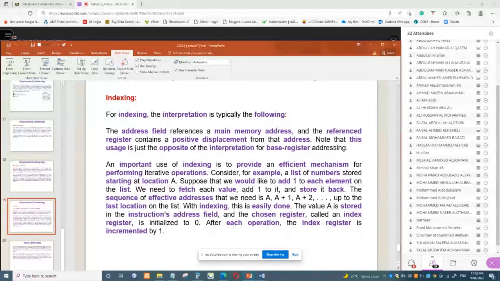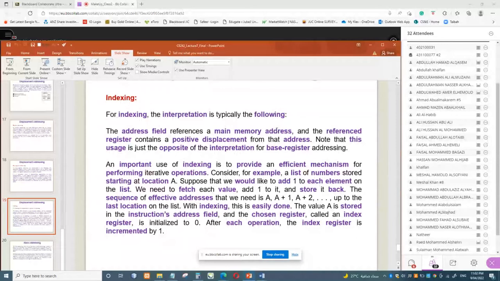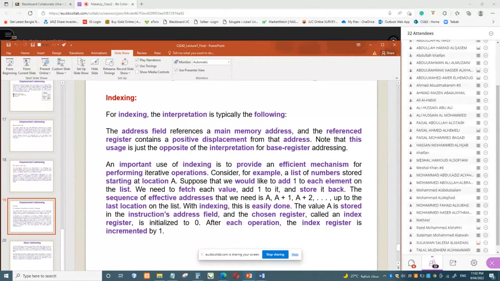So the instruction directly contains the starting address of your memory location, but the displacement is not stored in the instruction. Rather, the displacement is stored in one of the registers. Are you understanding what I'm saying?